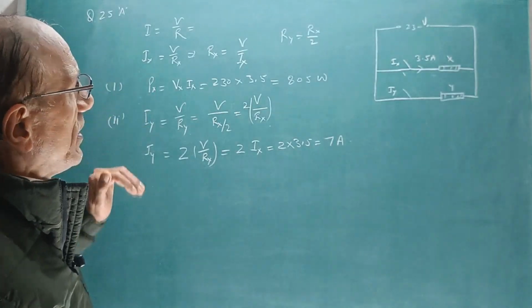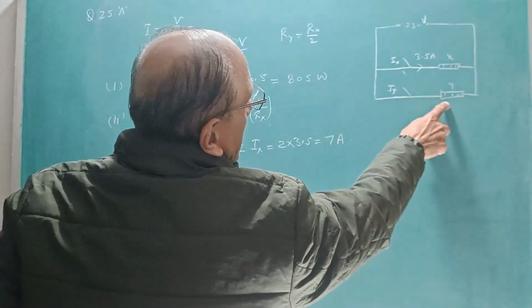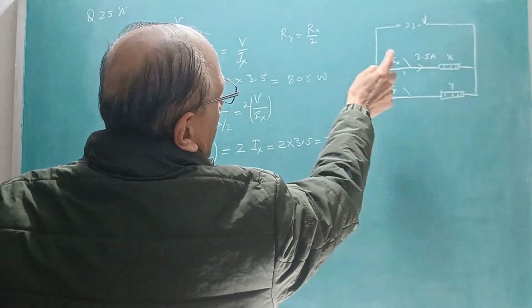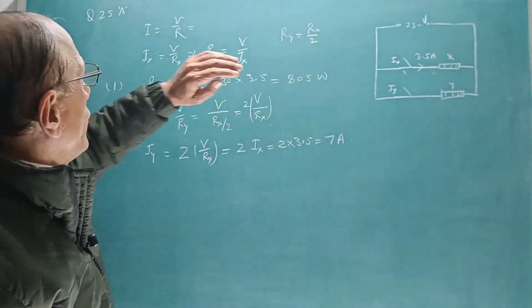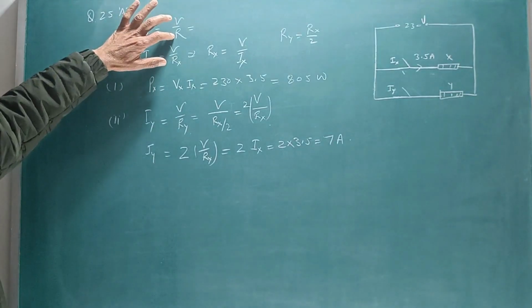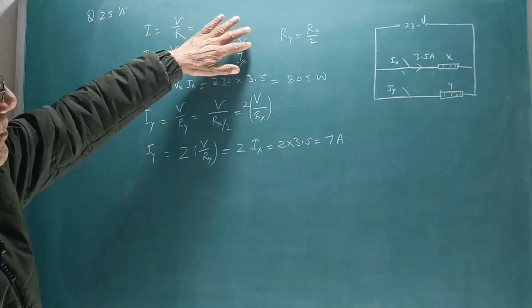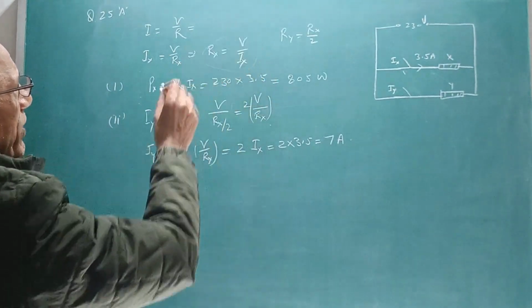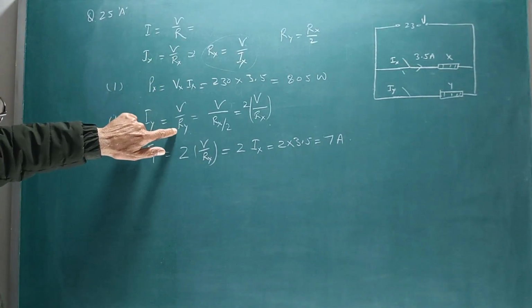Secondly, it is given in the question that the resistance of the Y dryer is half of the resistance of the X dryer. That means Ry equals Rx by 2. And we know I equals V by R. So Ix will be equal to V by Rx. That way you can calculate it, although it is not required here. Similarly, Iy will be V upon Ry.